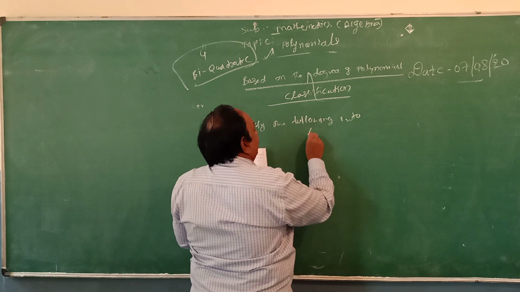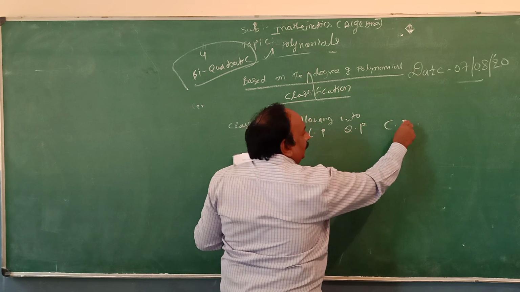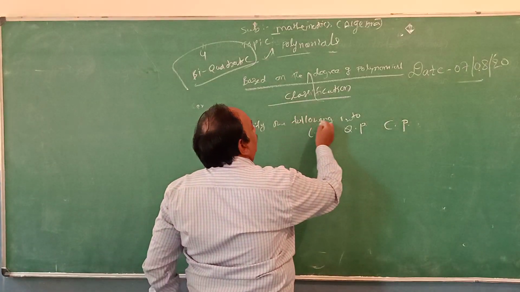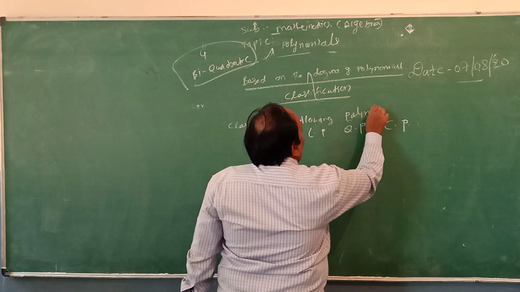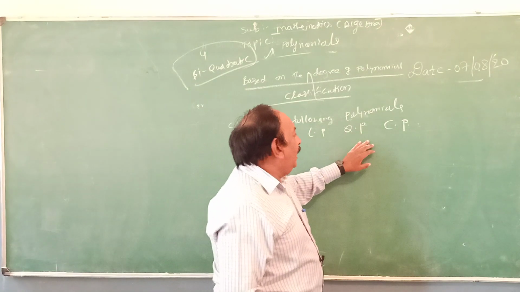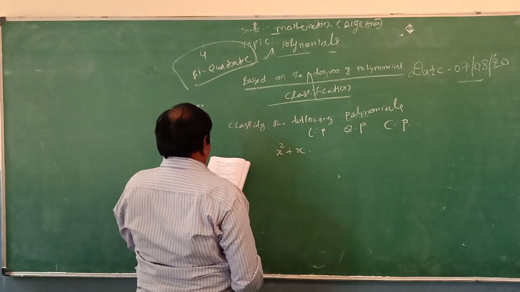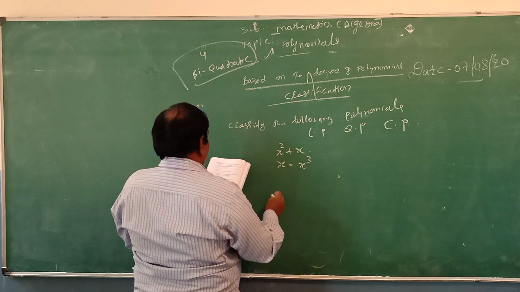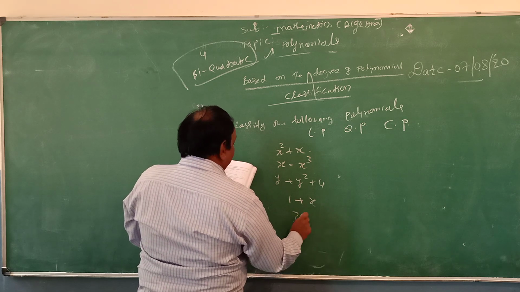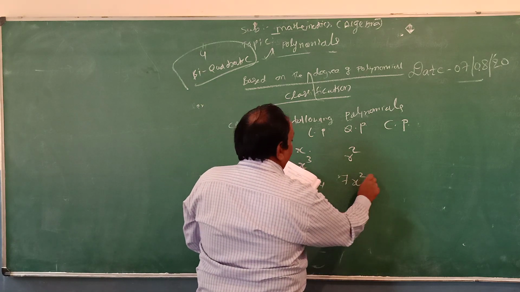Classify the following polynomials into linear, quadratic and cubic polynomials. First: x square plus x minus x cube, y plus y square plus 4, 1 plus x, 3t, r square, 7x square.